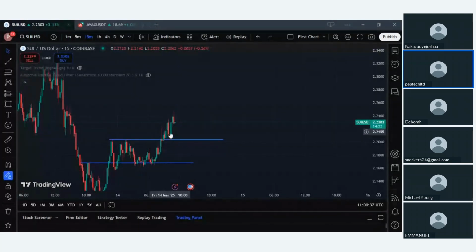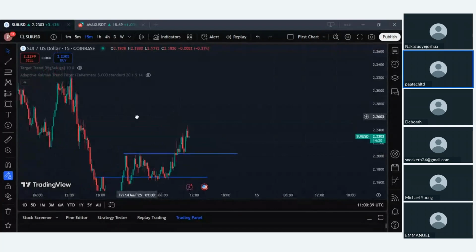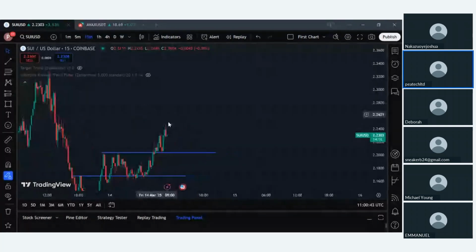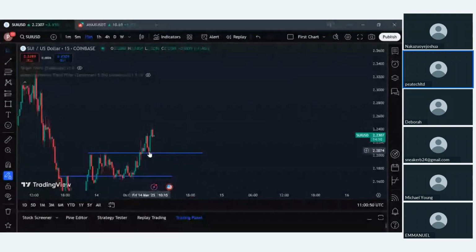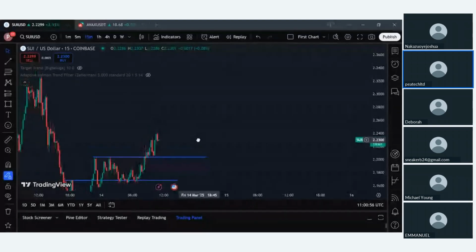This is called an engulfing. It's the situation whereby one single candle can cover two or three candles. An engulfing candle represents strength in the market. That's why I asked you to wait for this candle to close before we know the direction to take. Now the candle closed engulfing these two candles, which is this zone.